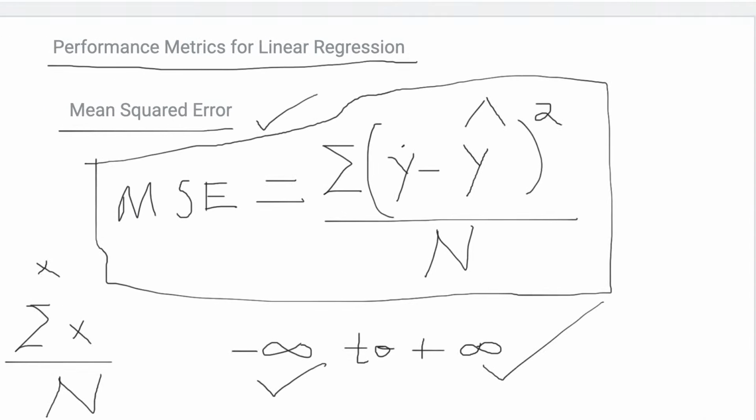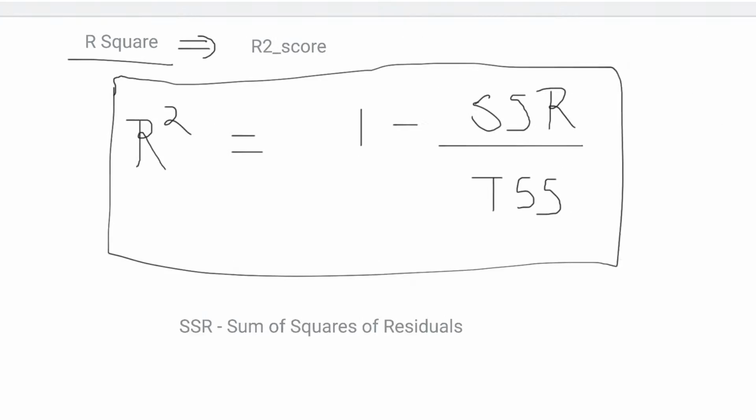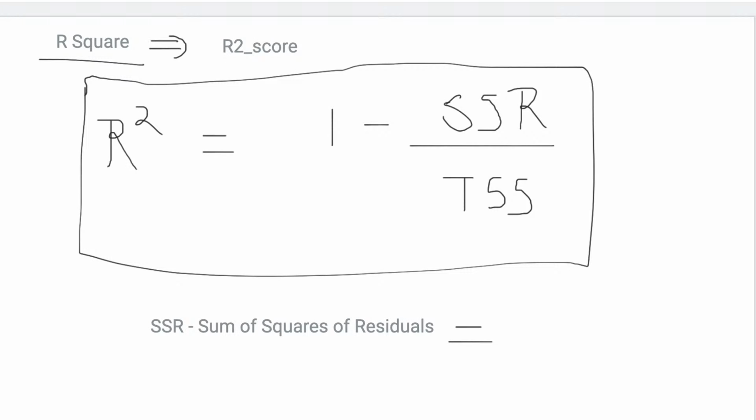As we discussed, this is the summation of squares of residuals, which is equivalent to summation of y minus y hat, whole square.